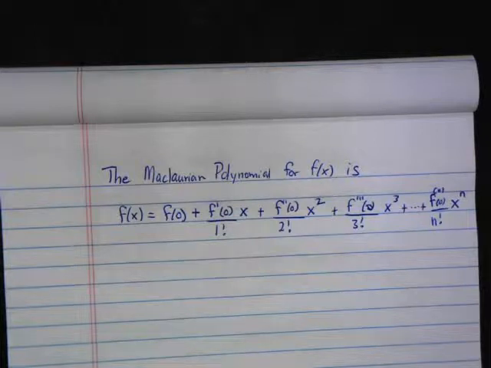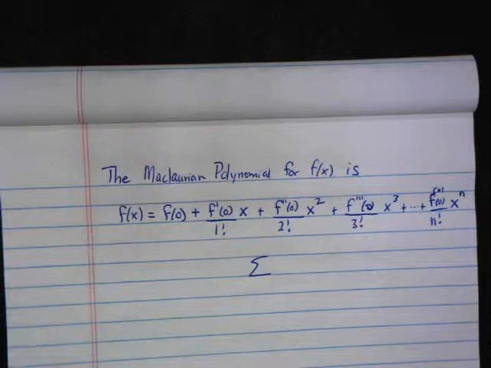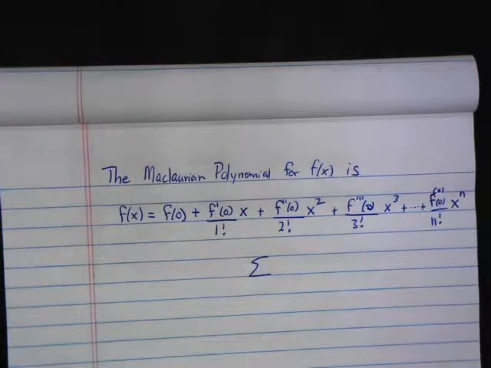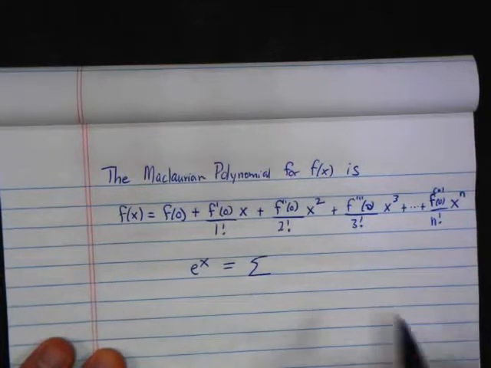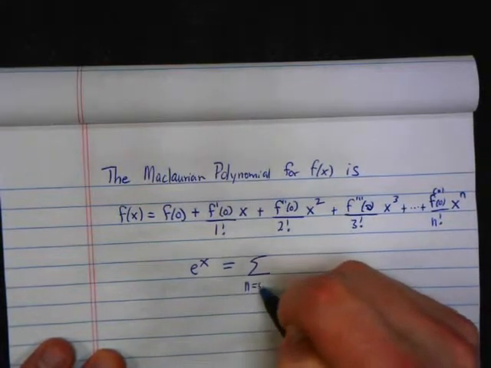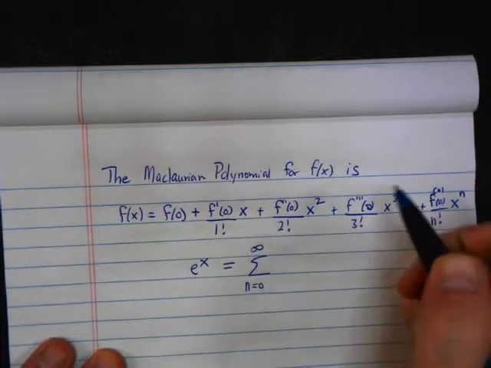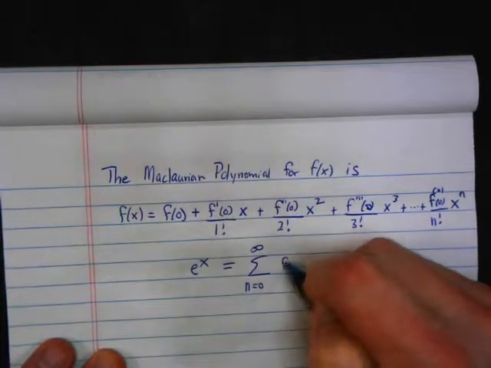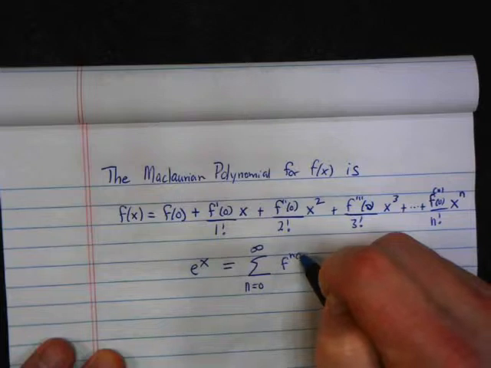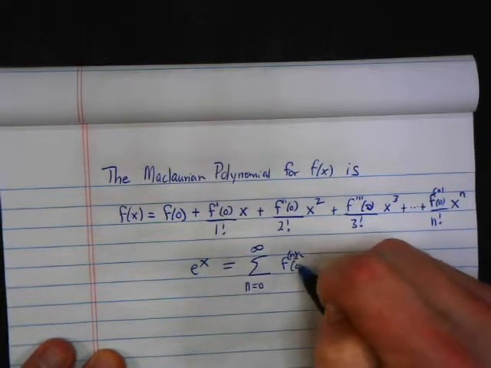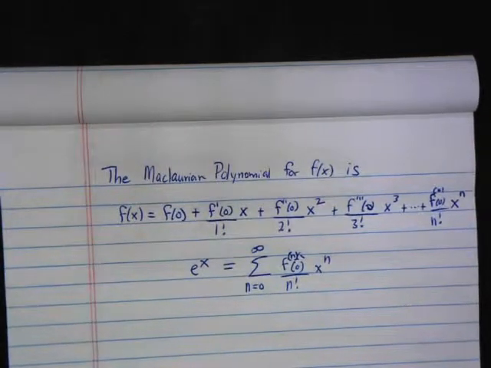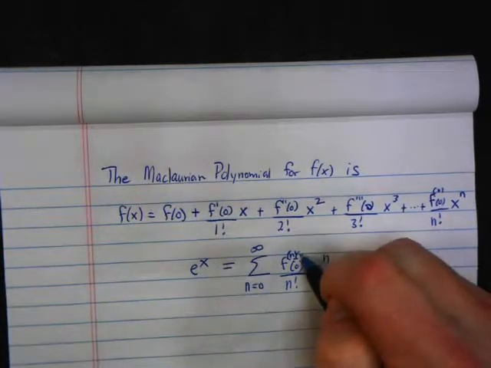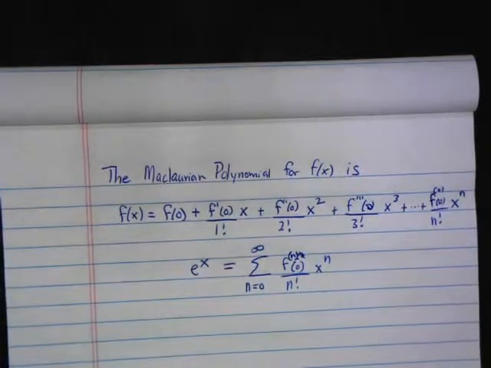An infinite sum. So e to the x, we will show that e to the x is a sum from n equals 0 to infinity of the nth derivative at 0 divided by n factorial times x to the n. But that's coming up in the near future. That's not for today. That's where we're going to.